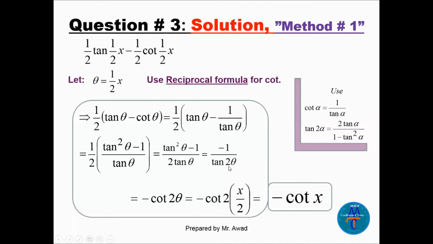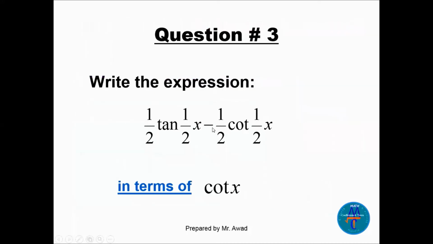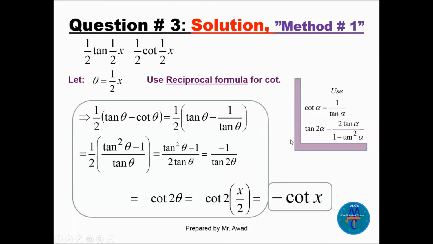And 1 over tan 2 theta will be cotan 2 theta. So minus cotan 2 theta. But remember that every theta is half x, which is x over 2. So you replace theta there, cancel the 2, and the answer is minus cotan x. See, all this question is minus cotan of x.